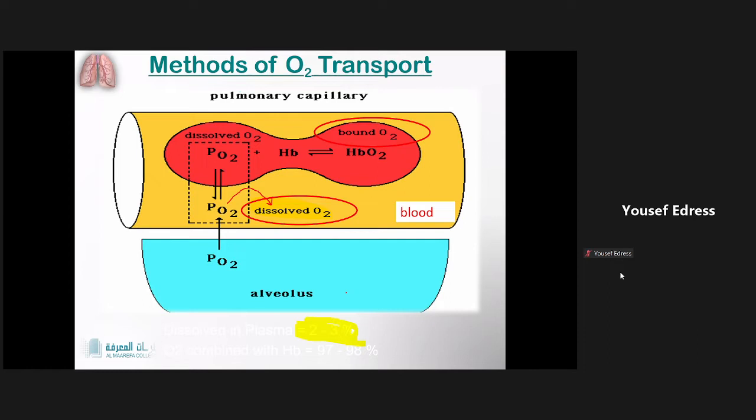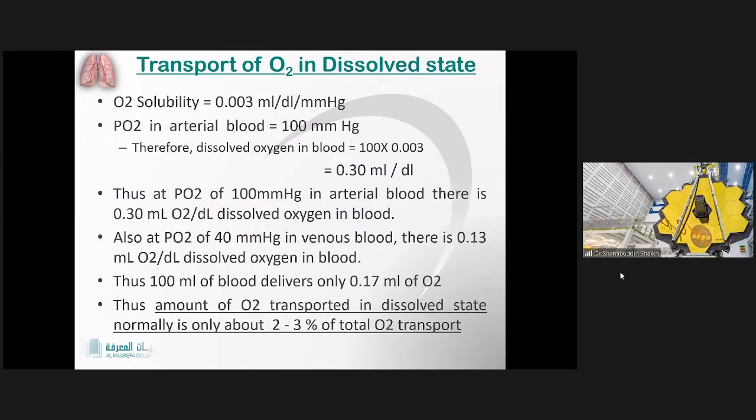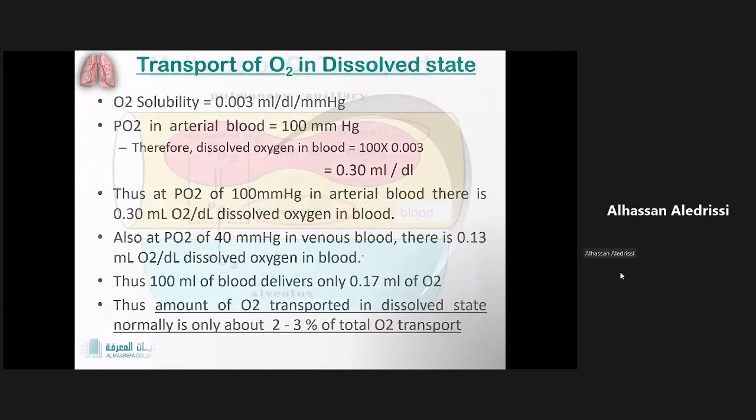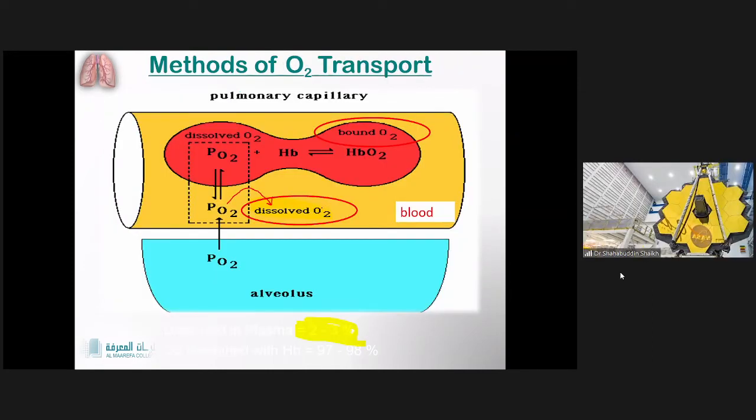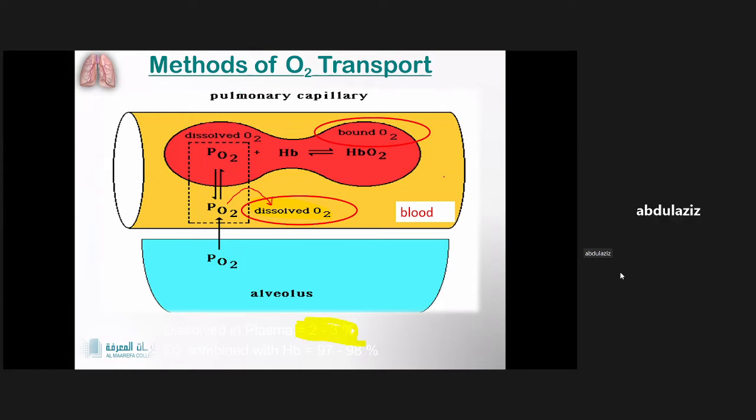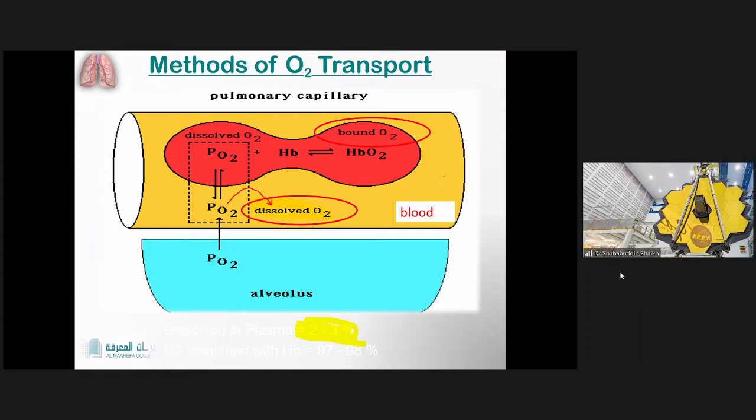Next statement: partial pressure of oxygen is due to oxygen dissolved in plasma. Correct. All of you got the answer now? Yes, doctor. We have repeated this 3 times. Please remember this.